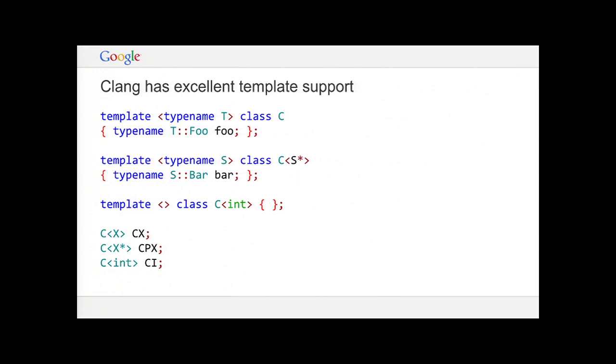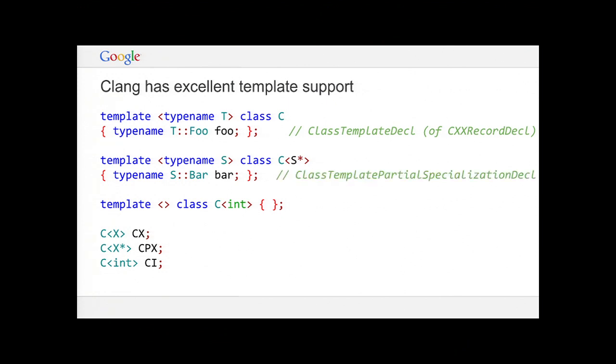It has first-class representations of a class template, which turns into a ClassTemplateDecl. It has first-class representations of partial specializations, of specializations, and of implicit specializations. Really, the only representation Clang actually needs to compile C++ are the implicit specializations that you get from here. But it keeps all of this information around later, and we use that to build our graph.